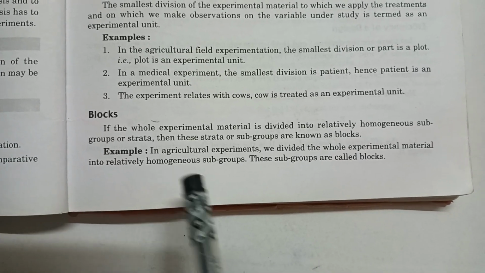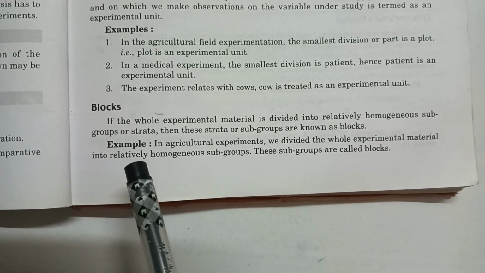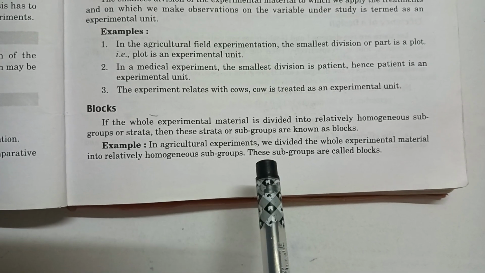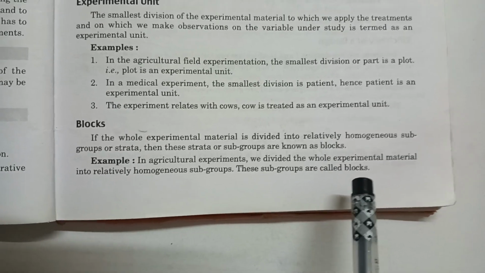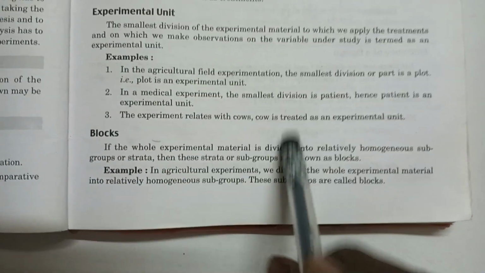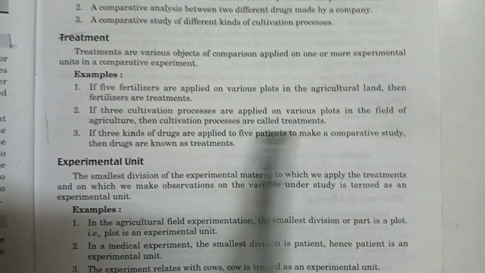An example: in agricultural experiments we divide the whole experimental material into relatively homogeneous subgroups. These subgroups are called blocks. So simply we can say that it is the column wise division. Here the treatments are row wise divisions.